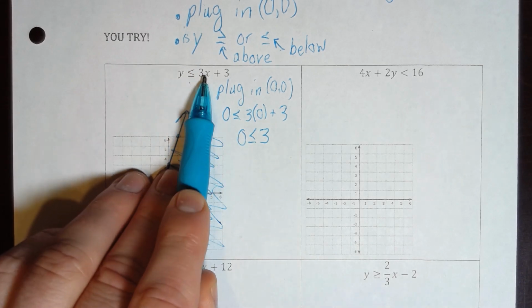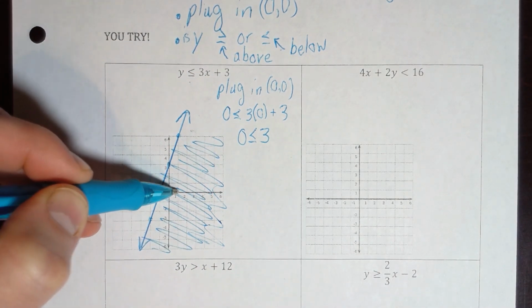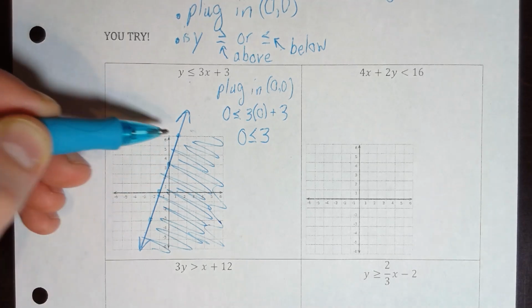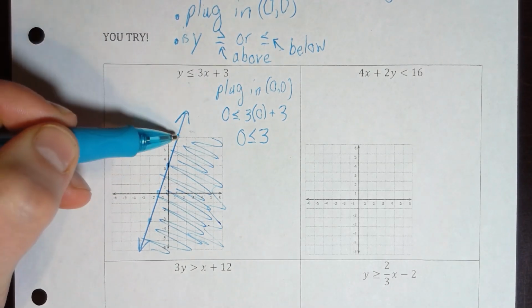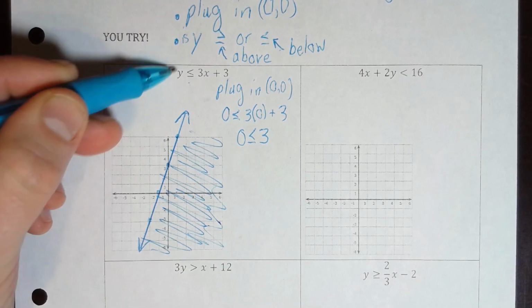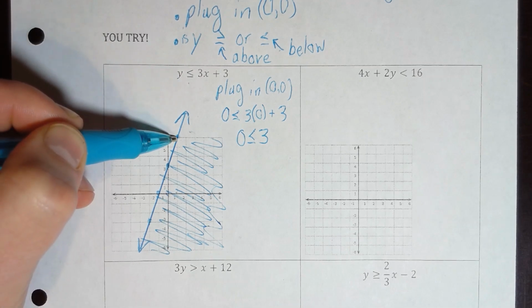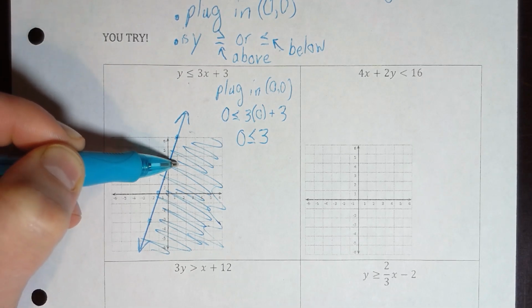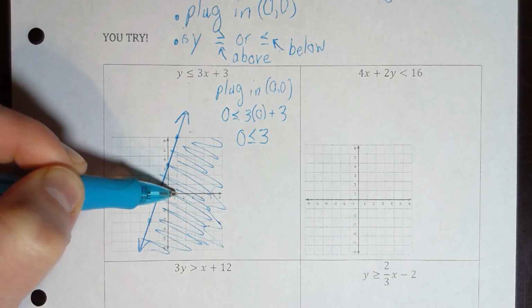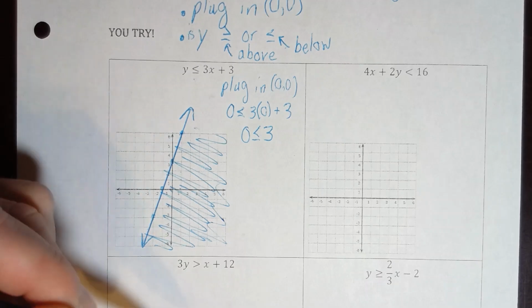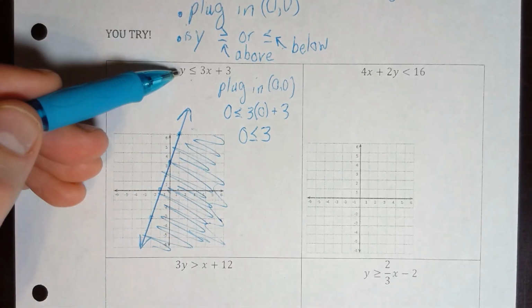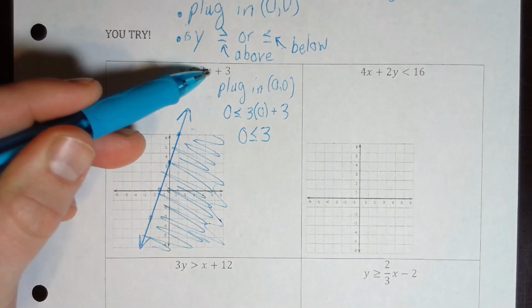And so you notice that if I plug in, for instance, 1, well, it's going to equal 6. But to make this a true statement, y not only could be 6, but it could be 5 and 4 and 3 and 2 and 1 and 0 and -1 and -2, on down to negative infinity. Same thing if I plug in maybe x is 0.